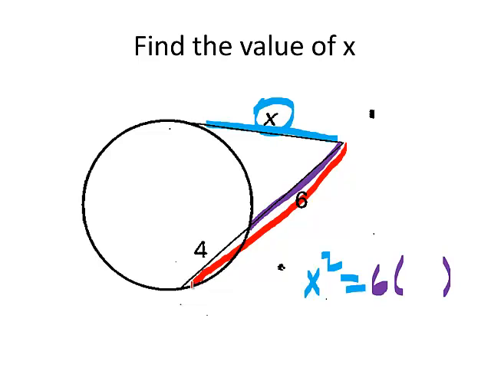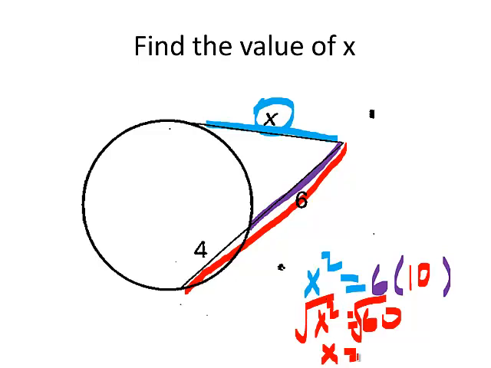So once you have that, multiply times 10, and we got x squared equals 60. Take the square root of both sides, you get x equals 7.7 approximately, and you're done.